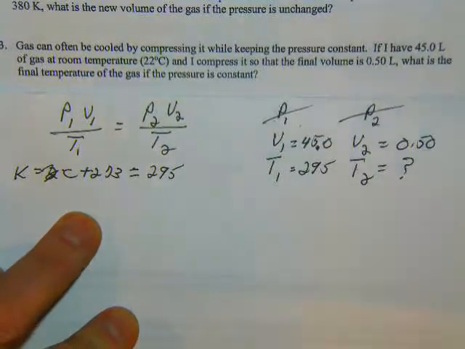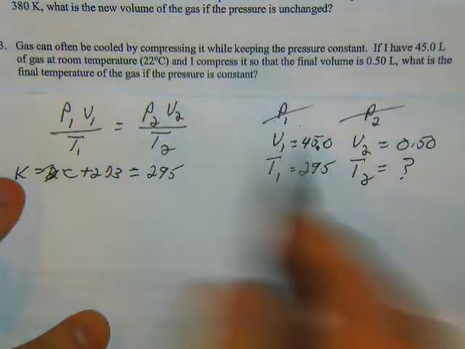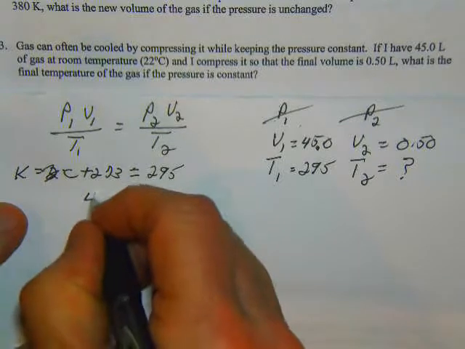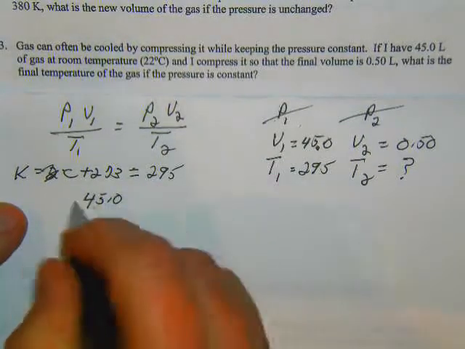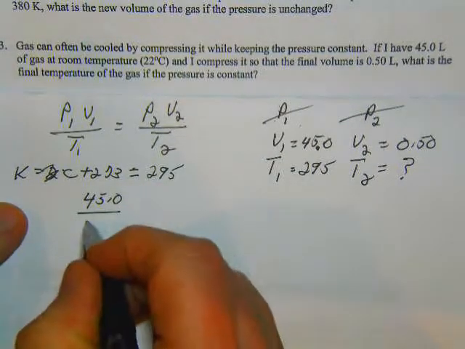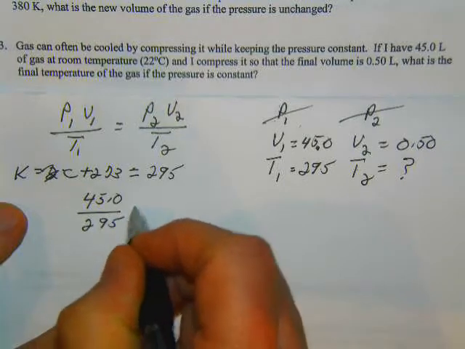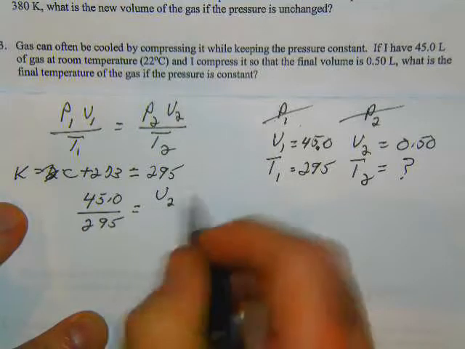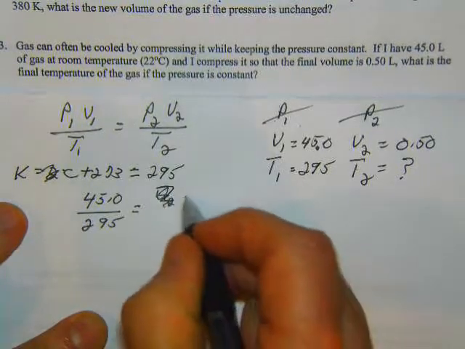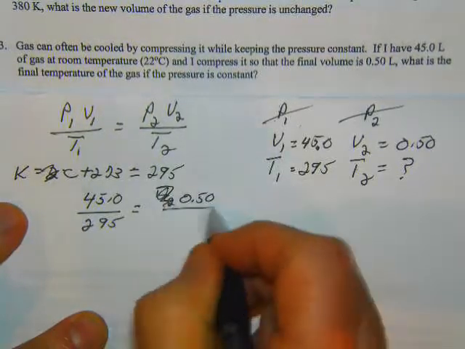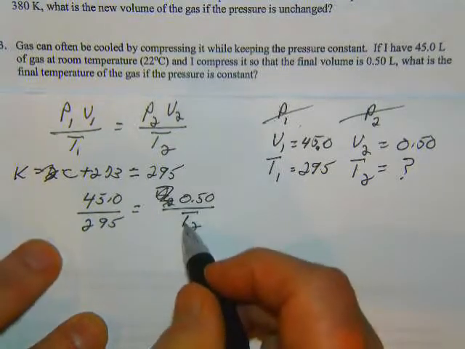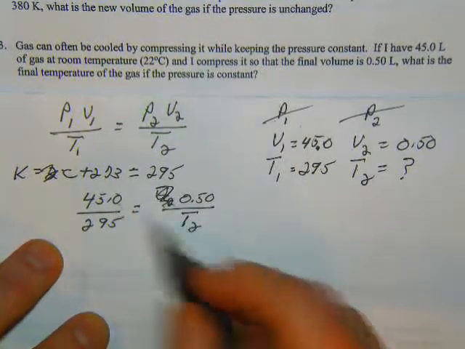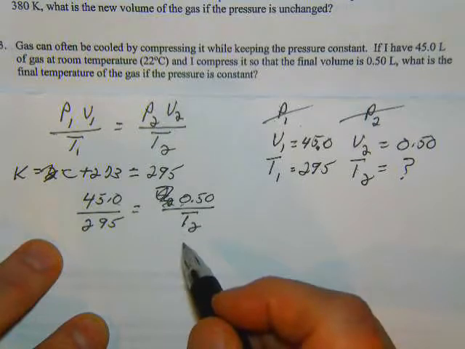So we don't have to worry about pressure again here. We can plug in 45.0 over 295 equals 0.50 over T2. Again, it's the whole idea of cross multiply and then divide.